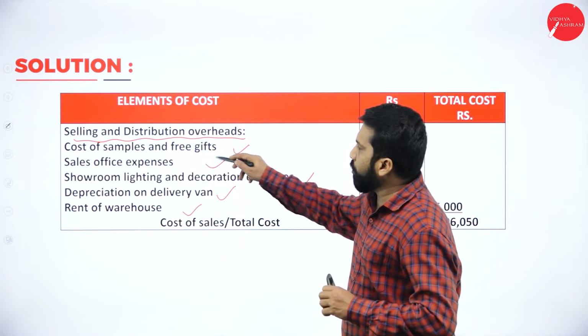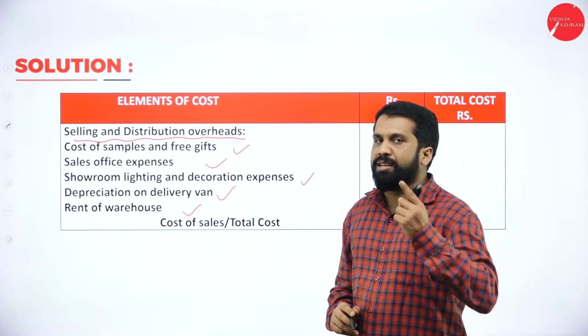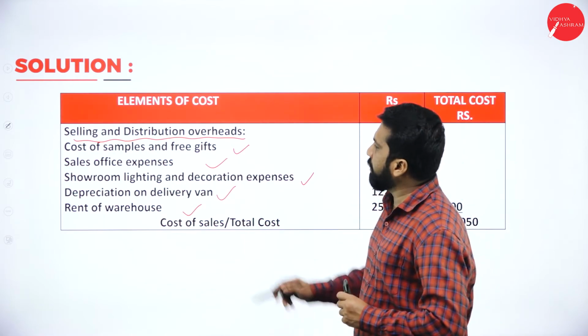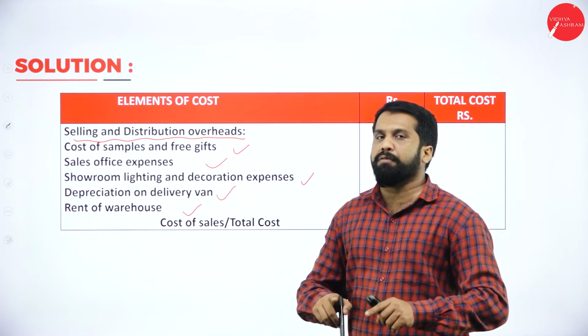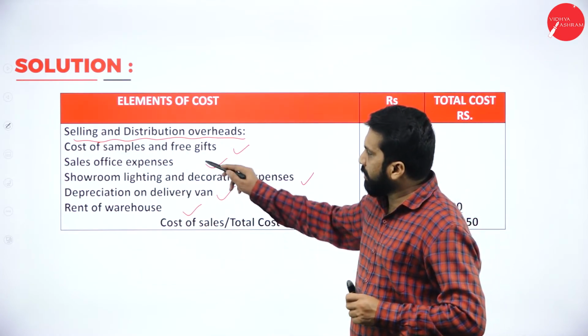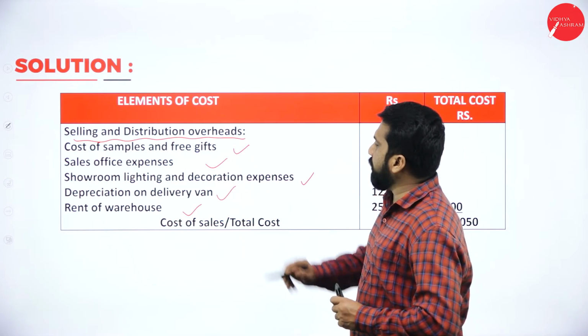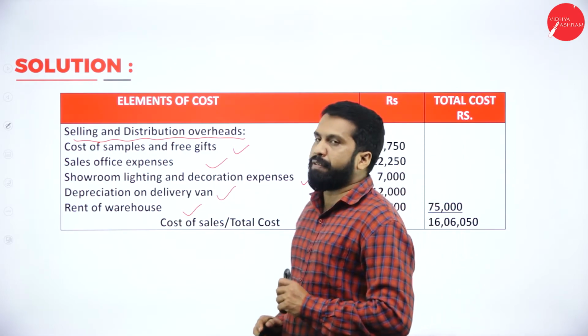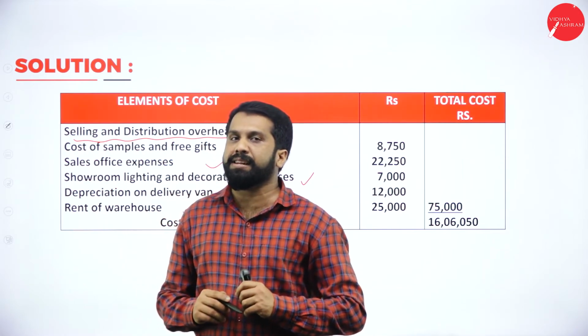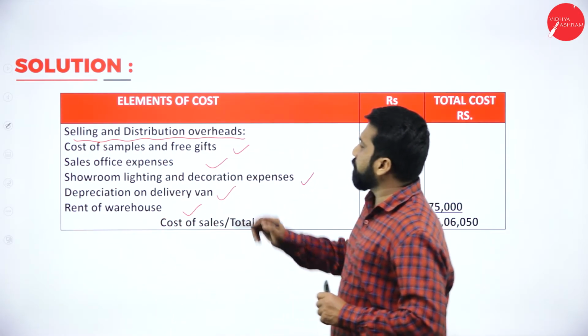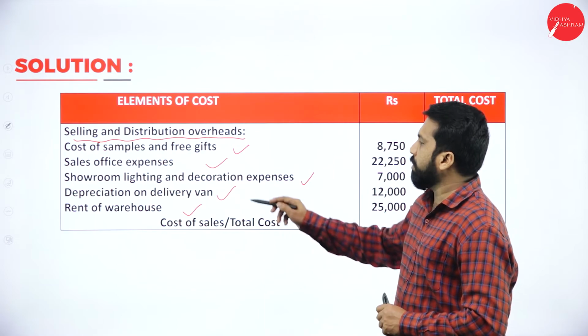Like cost of sample, if you want to sell, you have to give some samples. Sales office expenses, you need to keep a separate office for your sales purpose, that expenses. Showroom lighting and decoration, if any festival, if you are giving some offers, you have to do some lightings and all, that will be your showroom lighting and decoration.